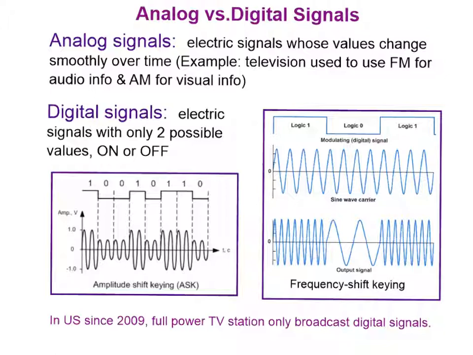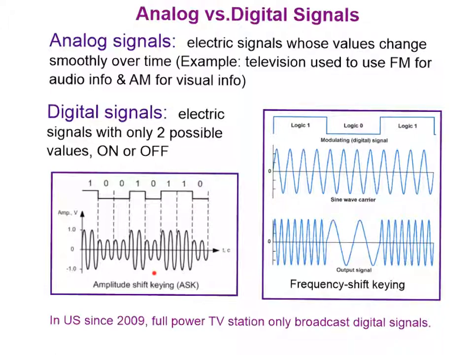And what are digital signals? Basically, those are electric signals with only two possible values, on or off. This may sound very limiting, but there are actually many ways to modulate radio waves using the on and off information. The simplest methods resemble the AM and FM modulation.